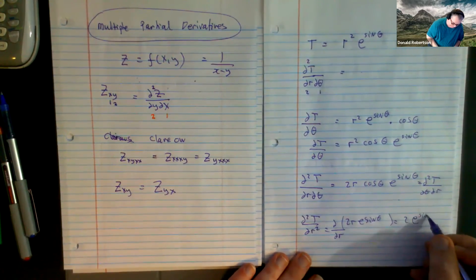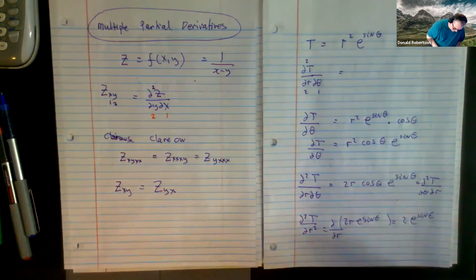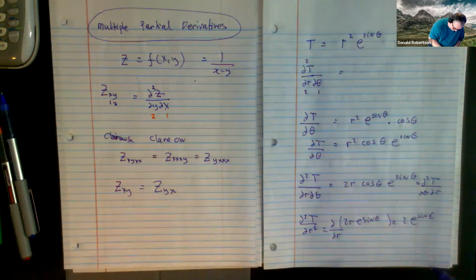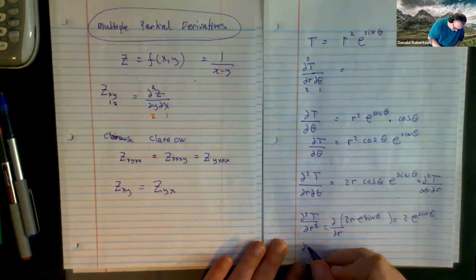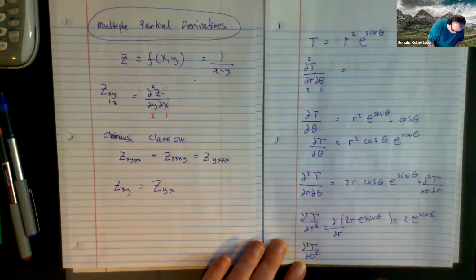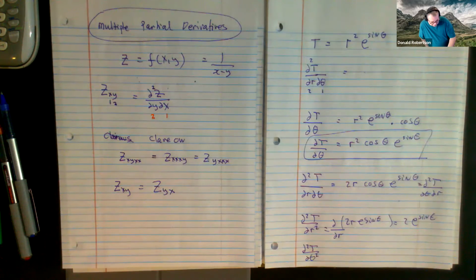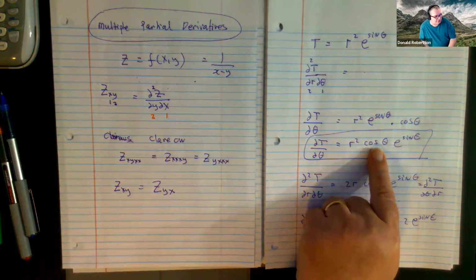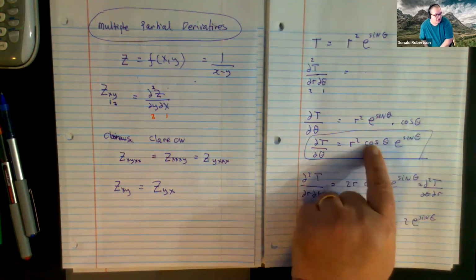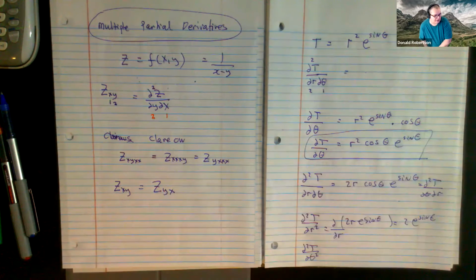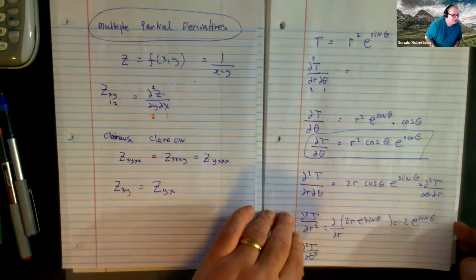Not a lot of work. On the other hand, if I wanted to do the second derivative with respect to theta both times, won't you use this as your starting point? But can you see how ugly that guy is going to be to differentiate with respect to theta? Aren't you going to have to do a product rule and be careful because there's some chain rules in there later? Right, so one might be trivial and the other would, oh God, this is going to take forever, right?